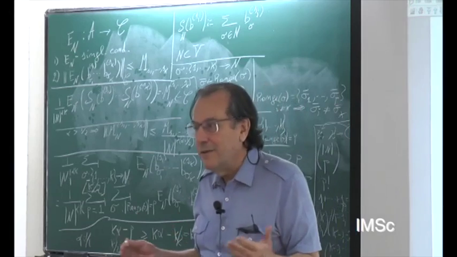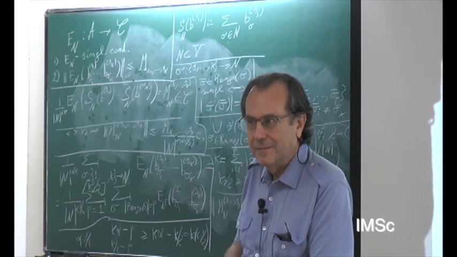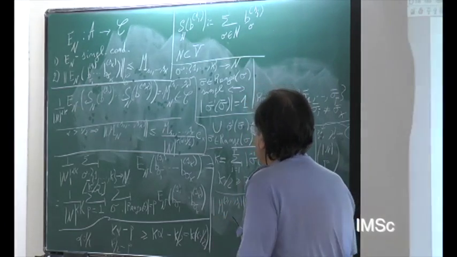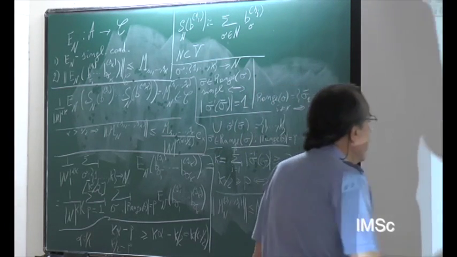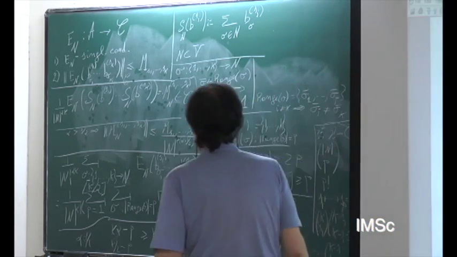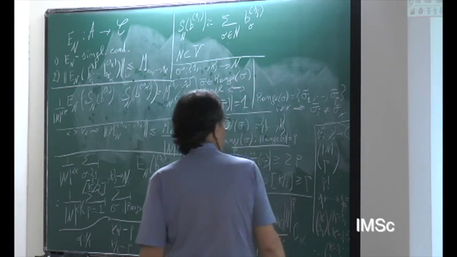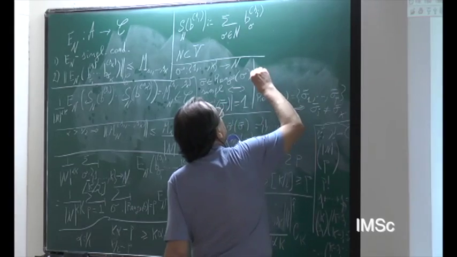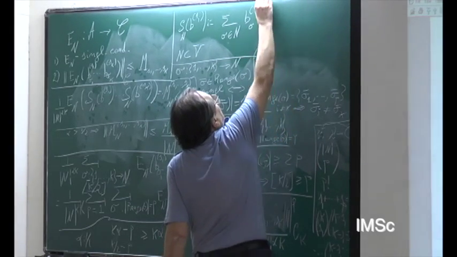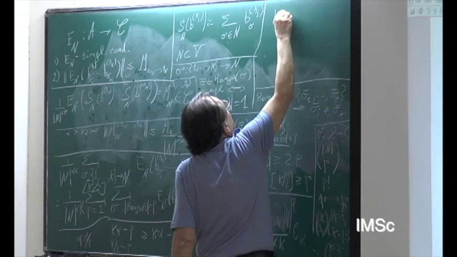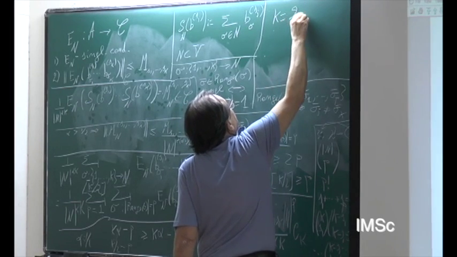Only k even remains. Okay? What happens in k even? In k even, k is equal to 2n, even.